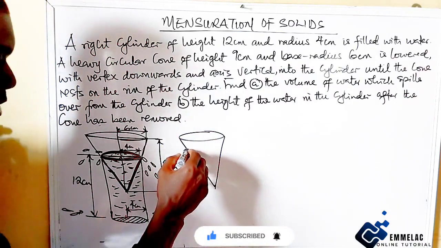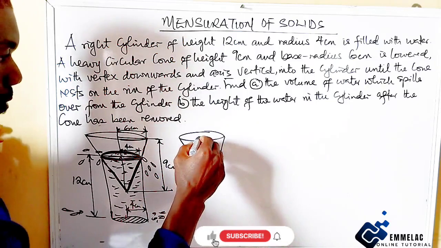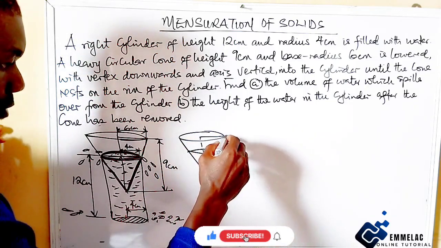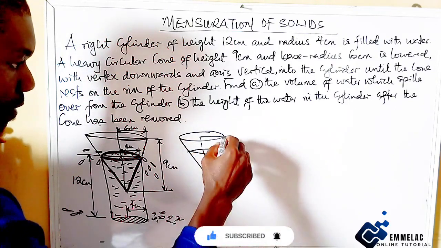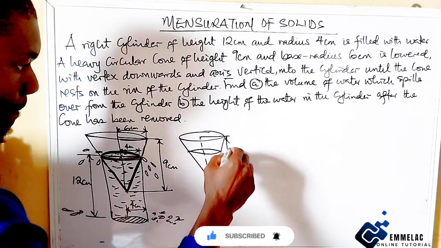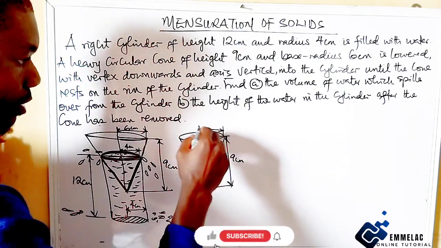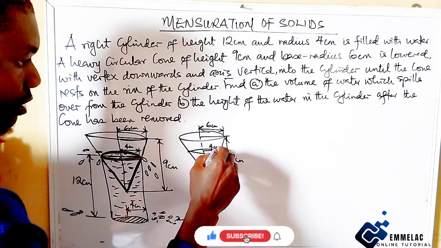Okay, now this is the part that is inside the cylinder. So here we have from here to here is 9. Now from here to here is 6 centimeter, and from here to here is 4 centimeter.